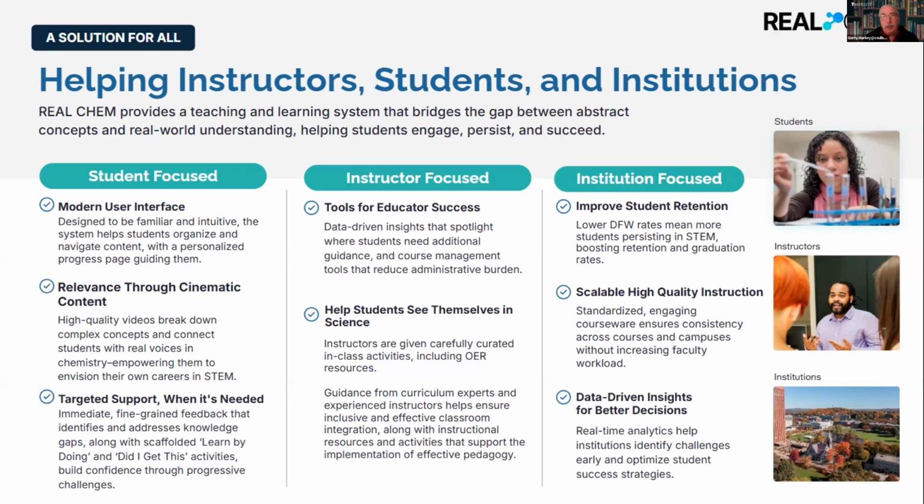And one of the things about Real Chem, and why I think Real Chem is valuable, particularly for HBCUs, is because they bring African American chemists, men and women, and other chemists of color into the presentation of the chemistry and the challenges that face the chemistry student. And I think those are so important, some of the value that Real Chem can bring, particularly in supporting the HBCUs. And I'll show you a little bit more in a second about that.